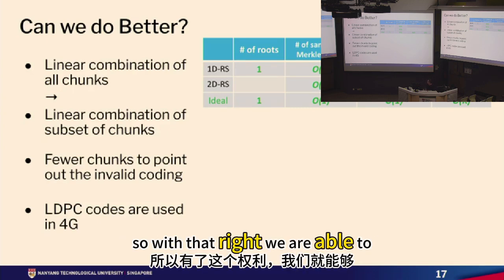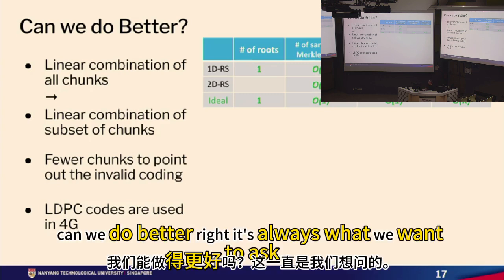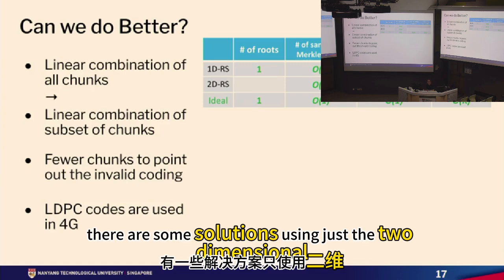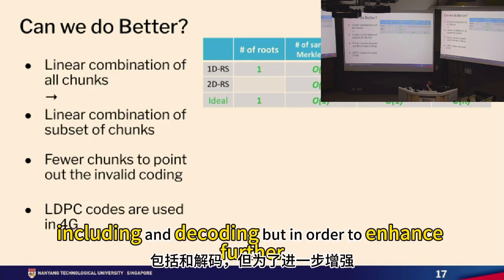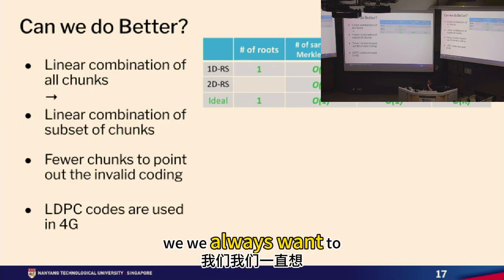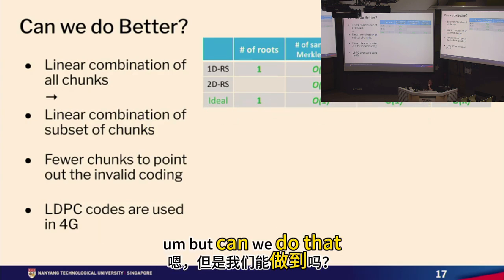So with that, we are definitely able to ask, can we do better? There's always that question. There are some solutions using just the two-dimensional encoding and decoding, but in order to enhance further, the ideal case is always to keep the complexity at 1, right? But can we do that?